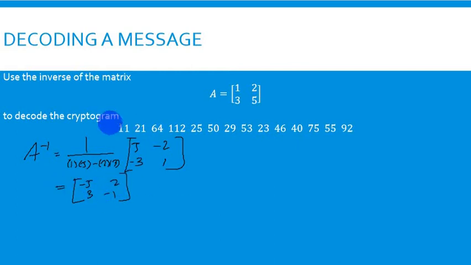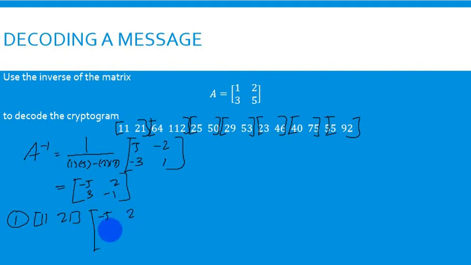Since this is a 2 by 2, we shall group our cryptogram into 1 by 2 matrices. And it's exact, so we don't have to place any zeros here. So showing our first decoding, we're going to have to multiply 11 and 21 to our inverse, and this will be giving us 8 and 1. Let's go down.